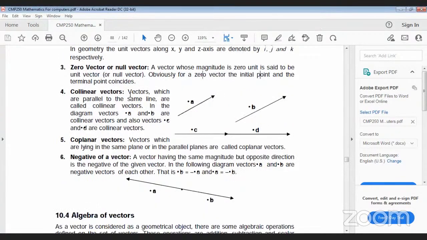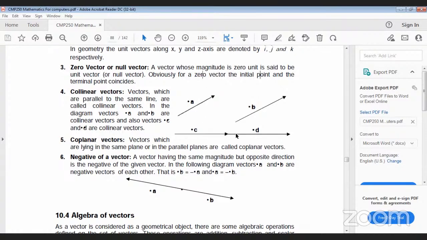After that, collinear vectors. Vectors which are parallel to the same line are called collinear vectors. Now see, A and B are both parallel, so A and B become collinear vectors, as well as C and D, because they are not going to touch or intersect each other at all.